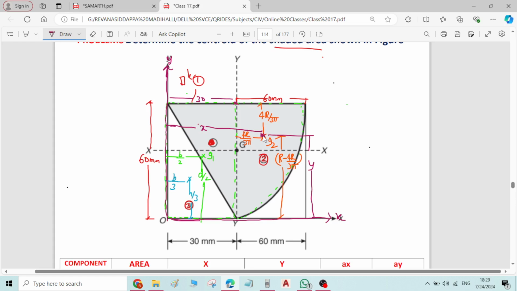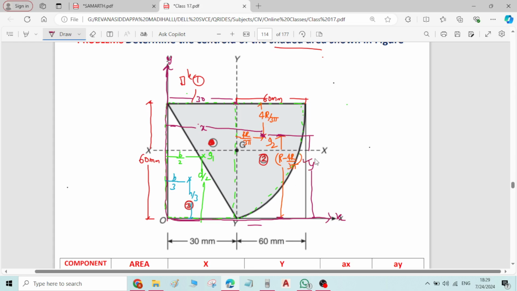But you want the distance of the centroid from the reference x axis, so it is the overall radius minus 4r by 3 pi. You should be careful in calculating these x and y values for the quadrant of the circle. So r minus 4r by 3 pi will give the distance of G2 from the reference x axis.